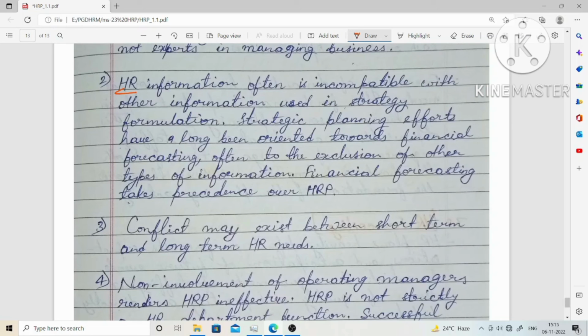Financial forecasting takes precedence over human resource planning. Businesses generally forecast the financial status of the organization in the future, and according to that, they develop their strategy.